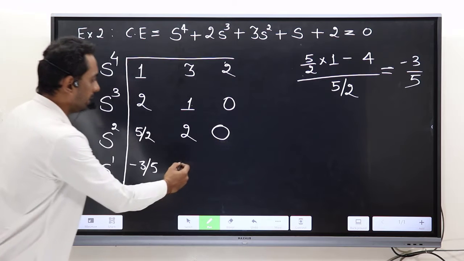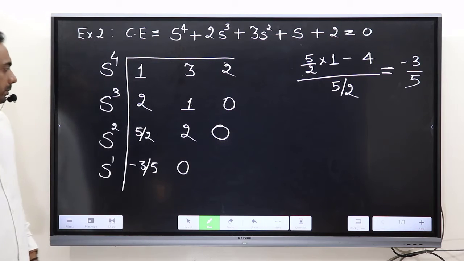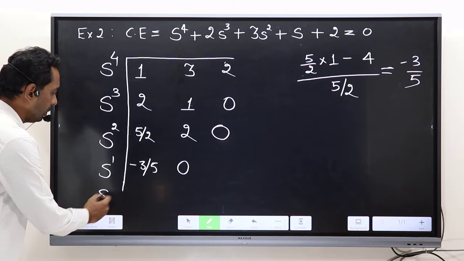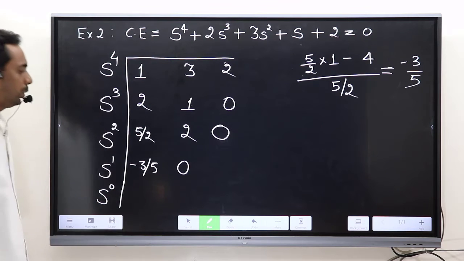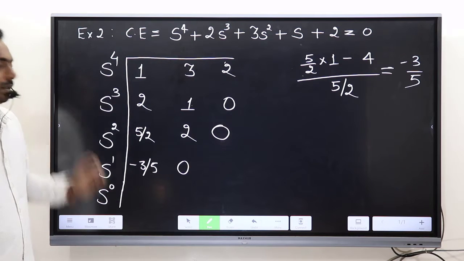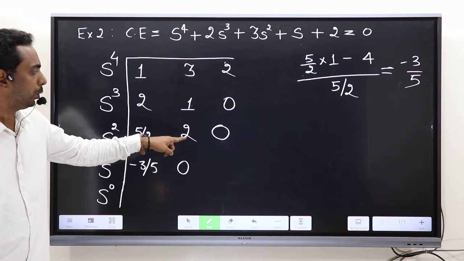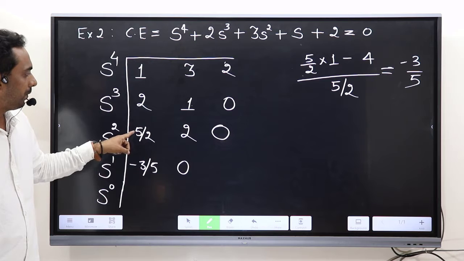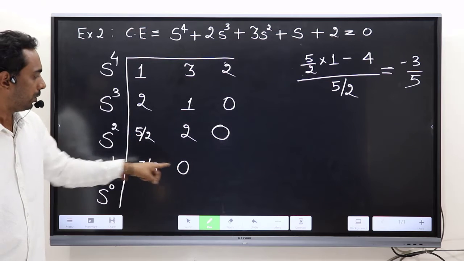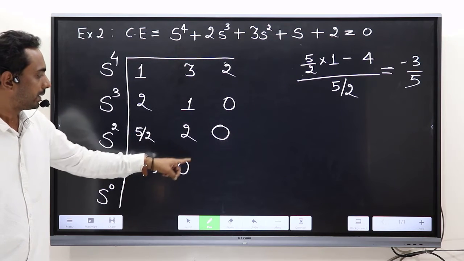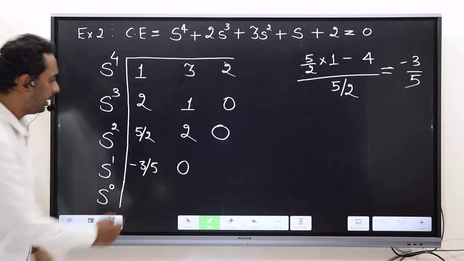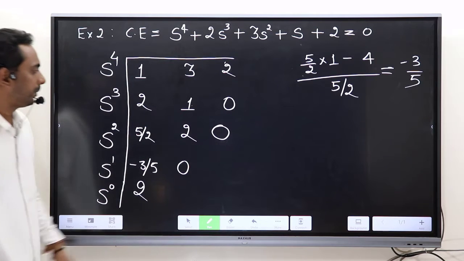Ahead there is 0, so 0 will come. S raised to 0, the last row. It is minus 3 by 5 into 2 minus 5 by 2 into 0 upon minus 3 by 5. Since here there is 0, this same term will come. It is 2 only.